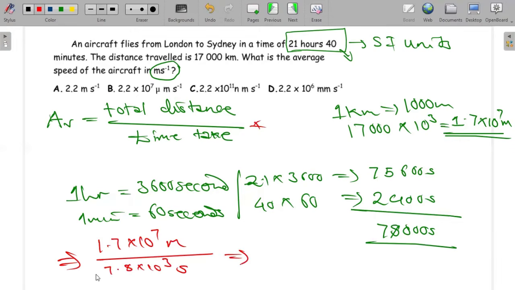This is going to give us how much? Oh, this is to the power 4, not to the power 3, because it's 78,000, not 7,800. Yes, this is to the power 4.